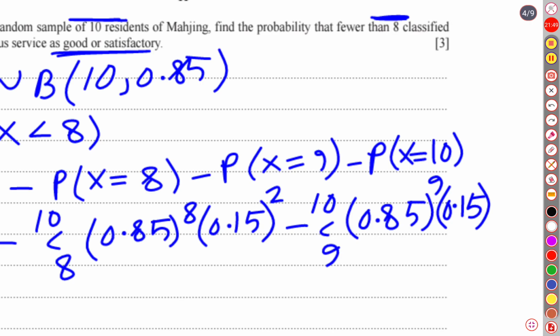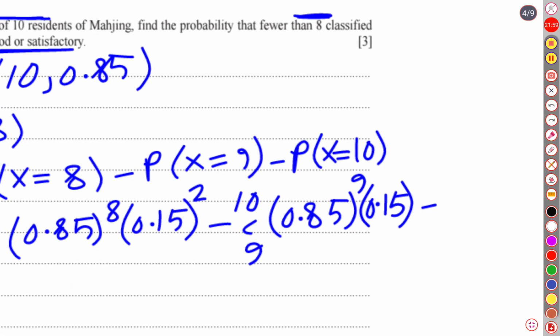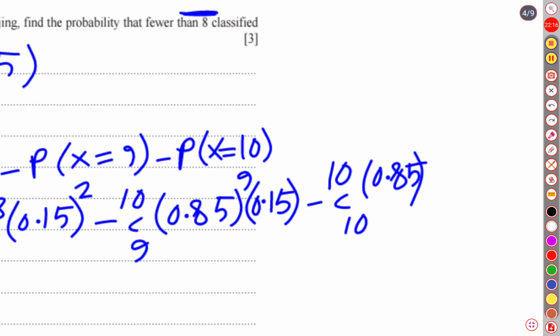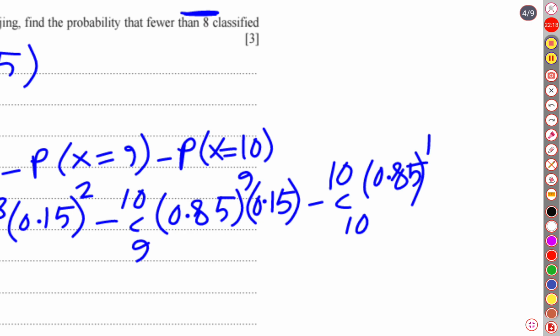And for 10 out of 10 people, 10 choose 10, all 10 classified this as good or satisfactory, so 0.85 raised to 10.